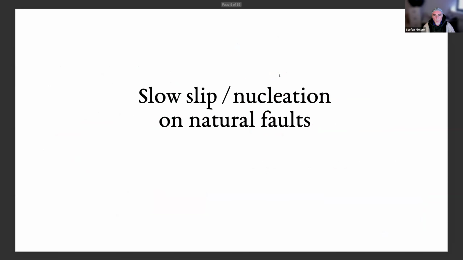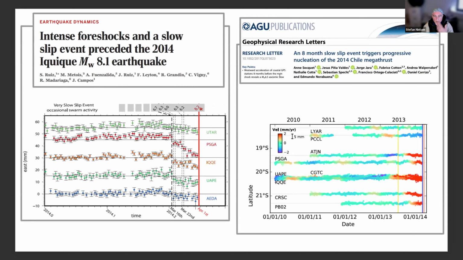So first, let's go a bit into the literature and see what has been observed on big megathrust faults. There was a process that lasted up to several months, with slow slip preceding the Chile megathrust event, known also as the Iquique earthquake.